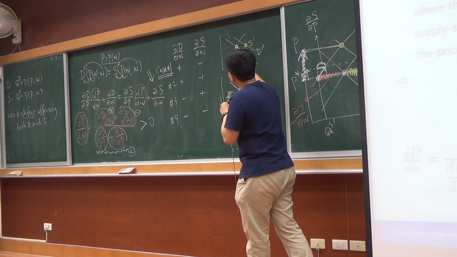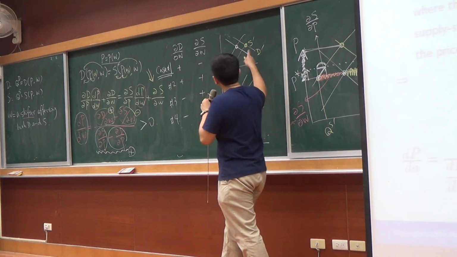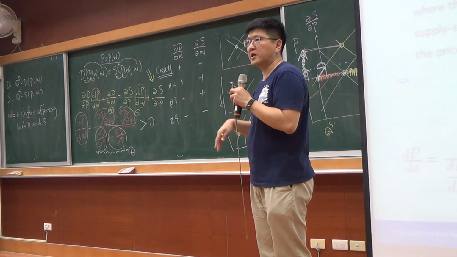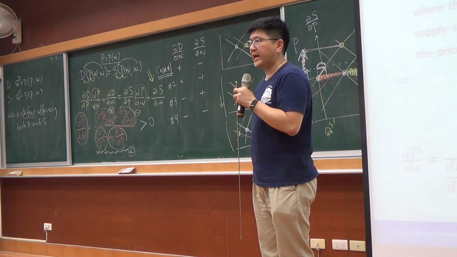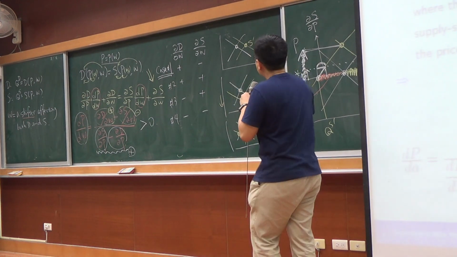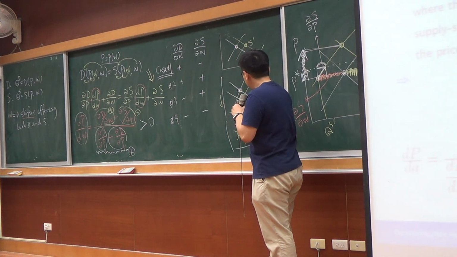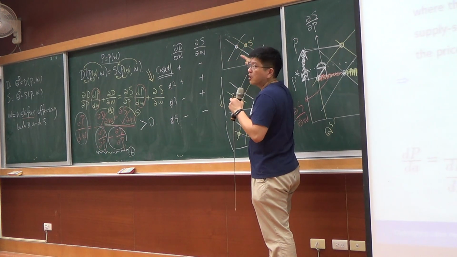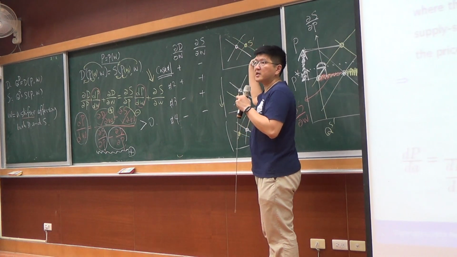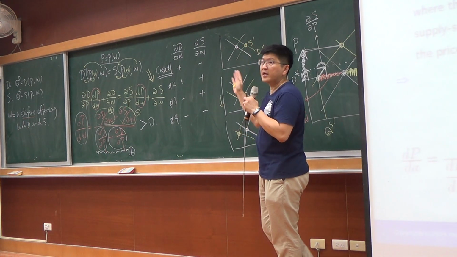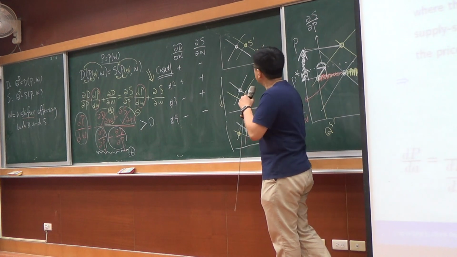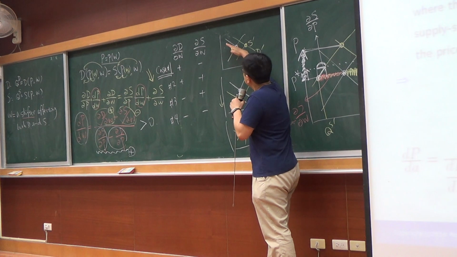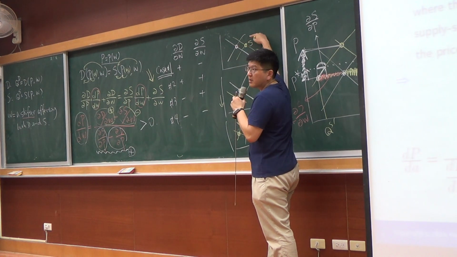But case number 2 and case number 3, can you be sure whether the price should go up or go down? You don't know, right? We don't know what happens to the price. It depends on the size of the change in the demand curve and the supply curve. It's about the relative size. If the demand shifts more, the supply shifts less, then you will see the price goes up, right?